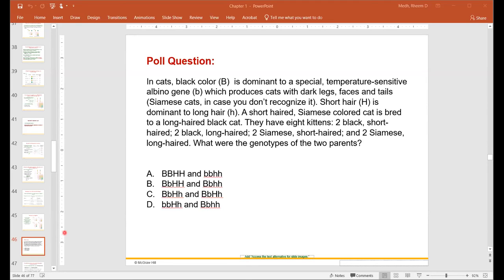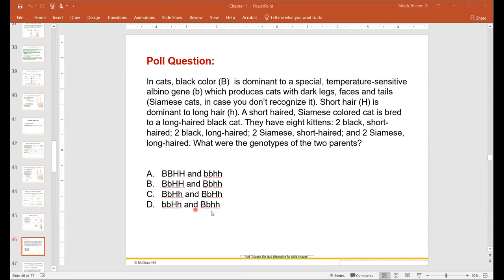Okay, I'm sharing the results. The correct answer is B: big B, little b, big H, little h, and big B, little b, little h, little h.